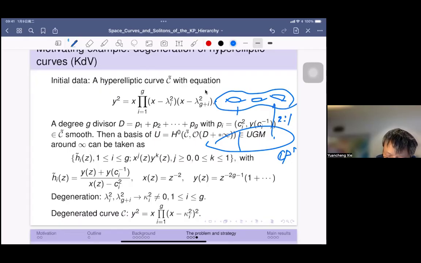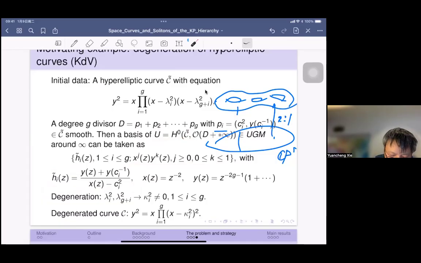We allow that it has a pole at P_i, but of the 2 inverse images, we need to make sure the other point is not a pole of this one. So we construct the functions h_i tilde of z. And then at last, we use this h_i tilde of z and all such polynomials as a basis for u. Okay, so a very explicit basis.